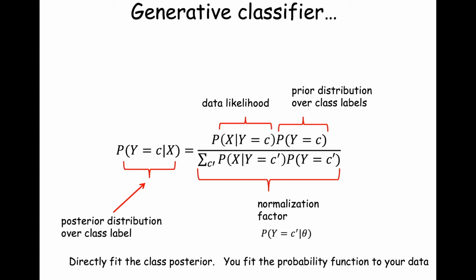And then it's equal, through Bayes' rule, to the probability of our feature vector X given Y, our class label, our data likelihood, times the prior distribution over class labels, probability of Y equals C, class C, over our normalization factor. And so we said that all of the items on the right-hand side of the equality can be calculated from your data, and that gives you an expression for the posterior distribution over the class label.